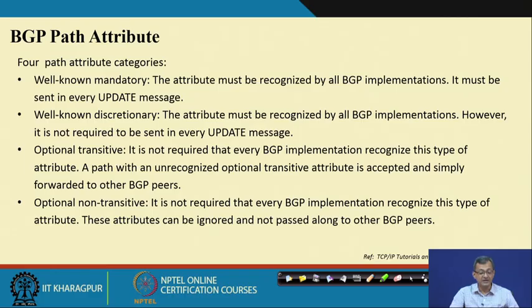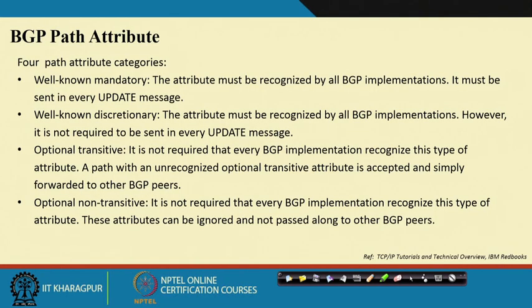Optional transitive: it is not required for every BGP implementation to recognize this type of attribute, it is optional, but a path with an unrecognized optional transitive attribute is accepted and simply forwarded to the BGP peers. That means it is transmitted to the peer without any analysis or action on it.